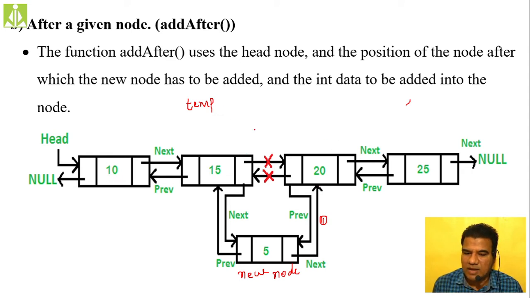Our temporary pointer is pointing here now, and we have these two links in between. So with new node of next equals to temp of next, you get the first link, and the second link is also very easy: new node of previous equals to temp, because temp is pointing over here. This gives the second link. First link is over, second link is over.